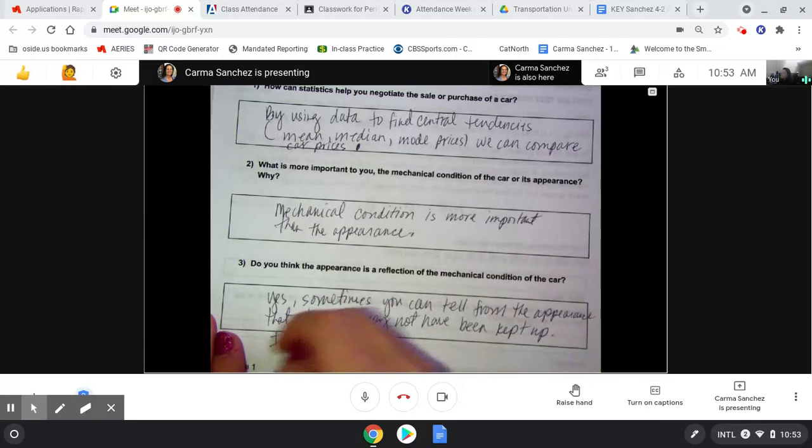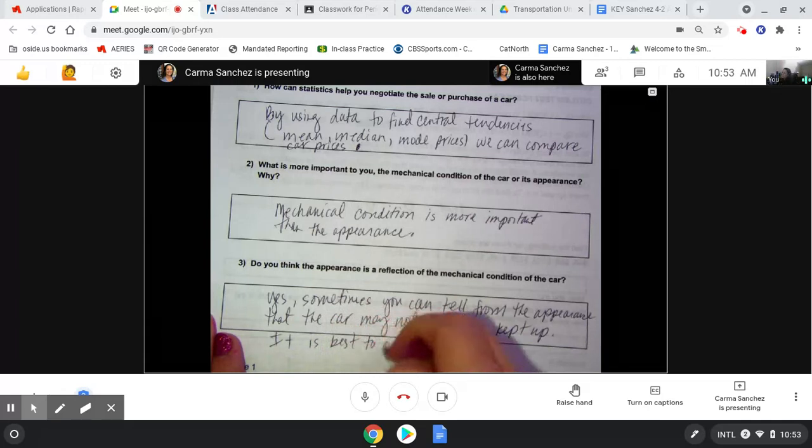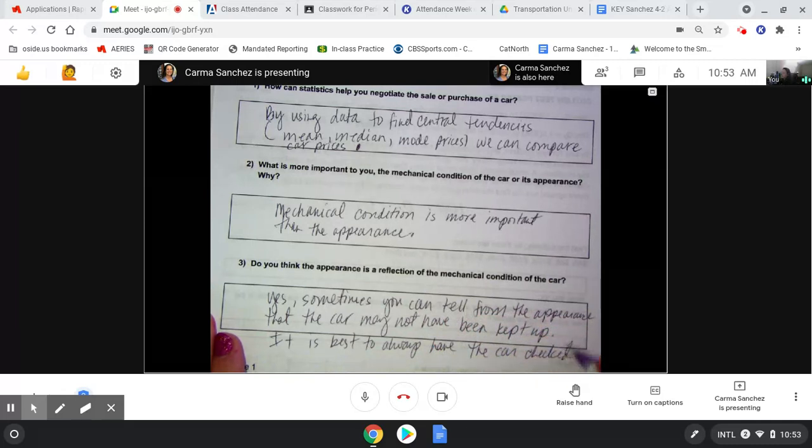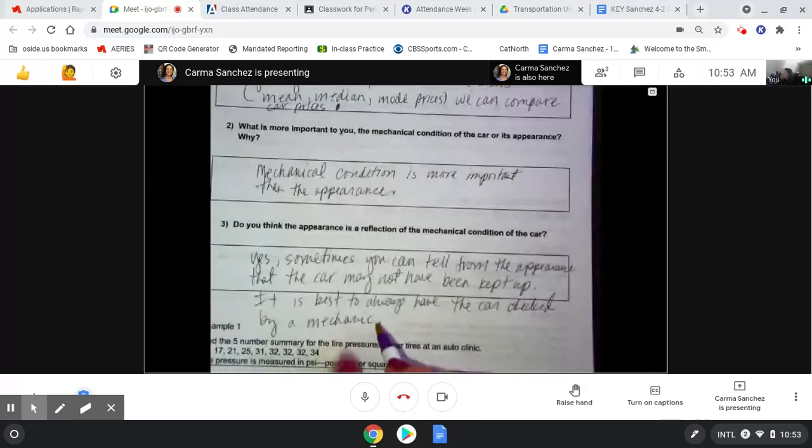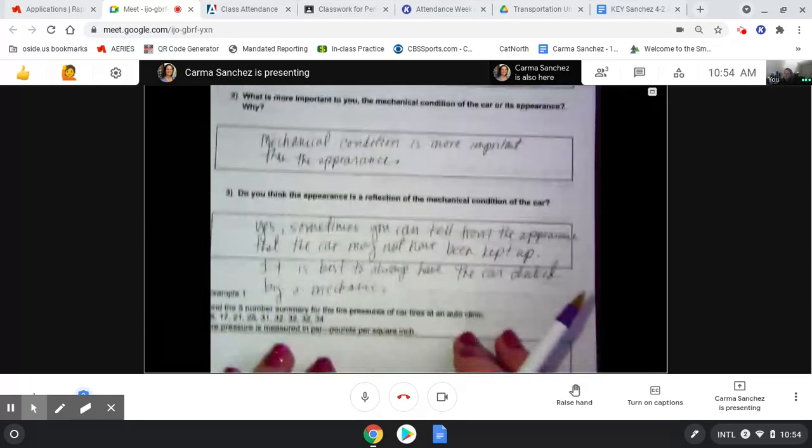It is best to always have the car checked by a mechanic. Now, if you're buying a used car from a used car lot, they usually come with some kind of warranty. But if you're buying a used car from a private owner, you always want to have that car checked by a mechanic. Or if you have a family member that's a mechanic, bring them to look at that car with you.